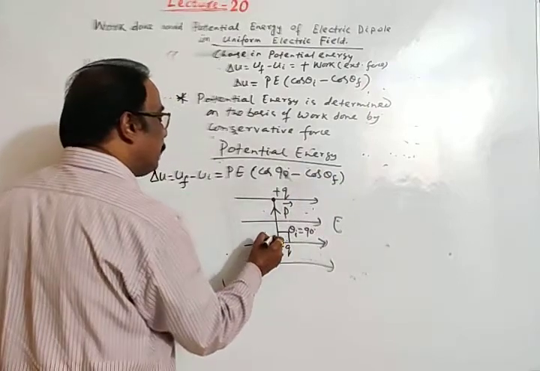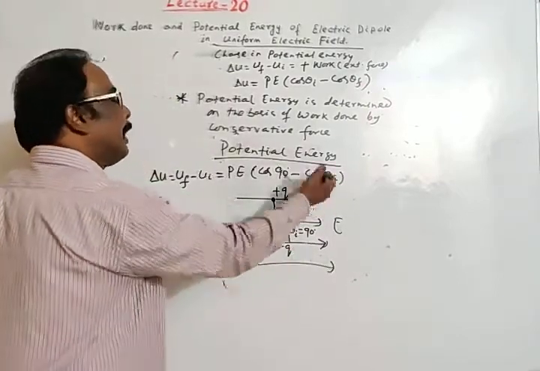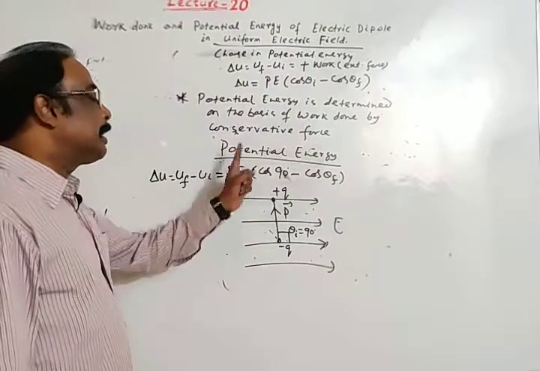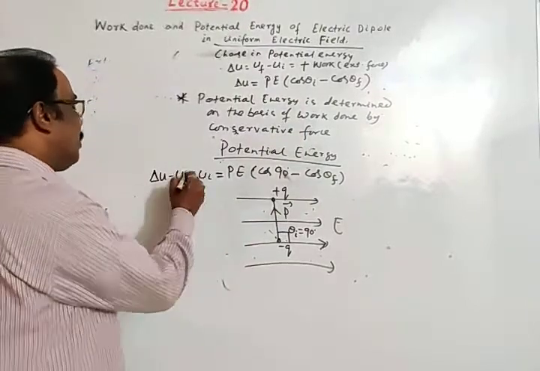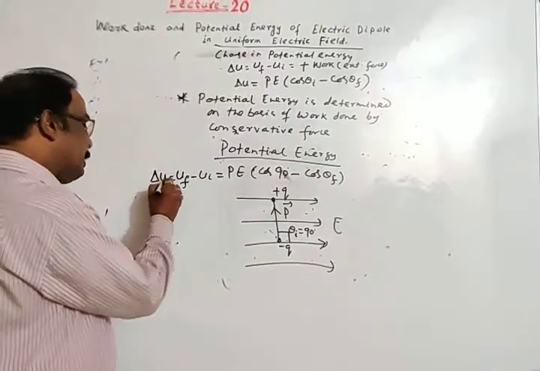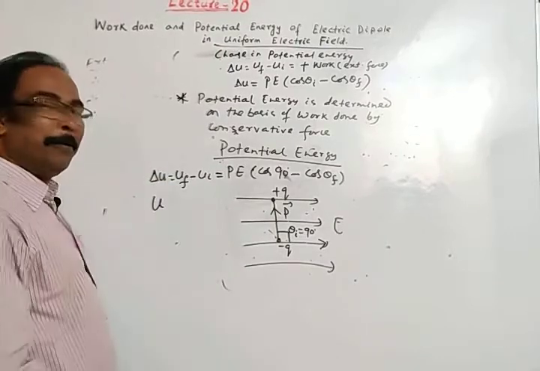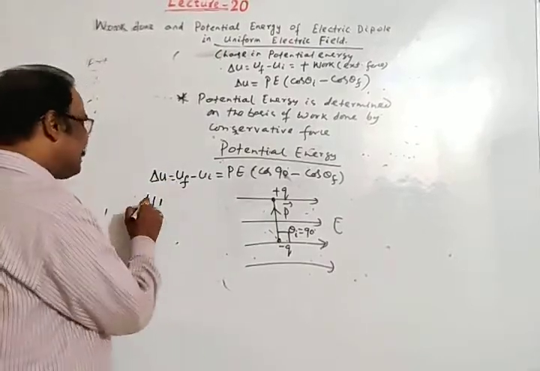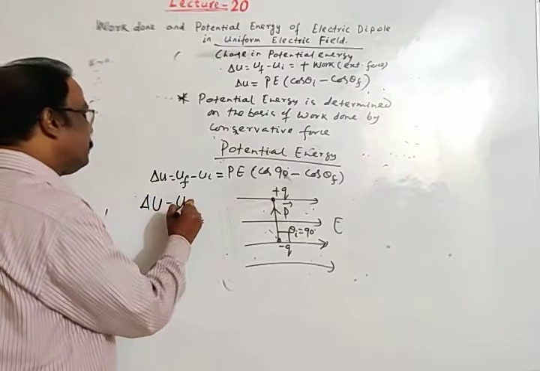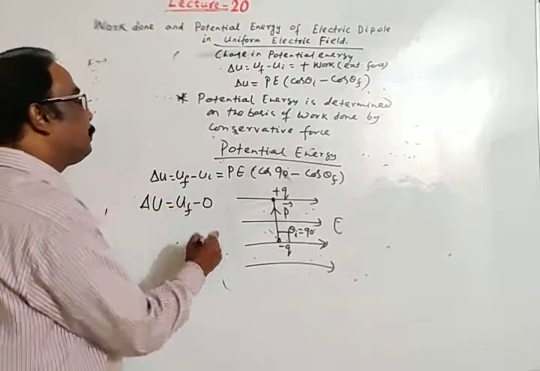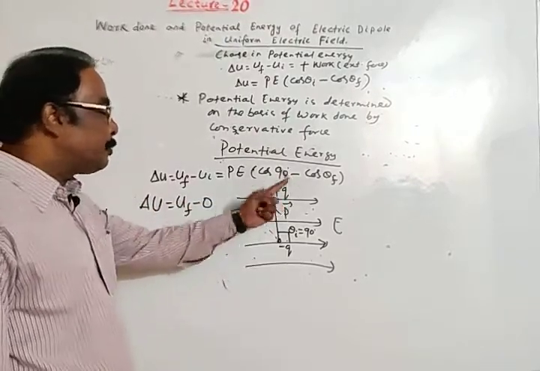We may rotate the dipole to any angle from theta I to theta F, initial angle to final angle. In this case, the change in potential energy will become U final minus 0, because P cos 90 is 0.